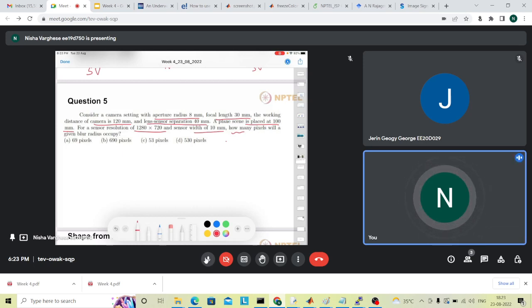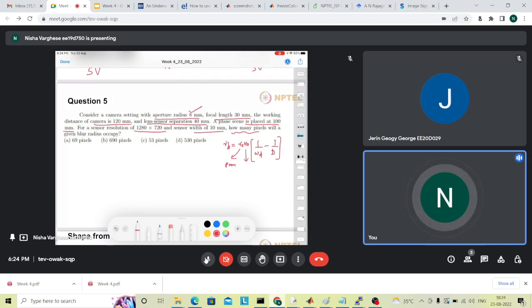So we know the blur radius equation, that is R_D is equal to R0 U0 into 1 by omega d minus 1 by capital D. Where R0 is the aperture radius. This is given here, 8 millimeter. Then U0 is what?